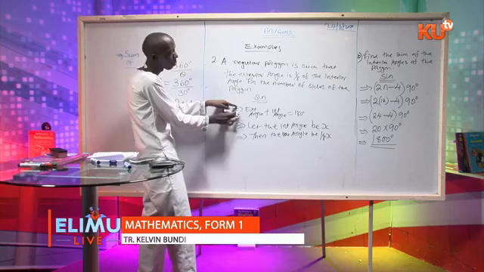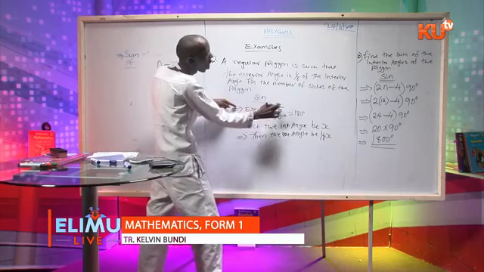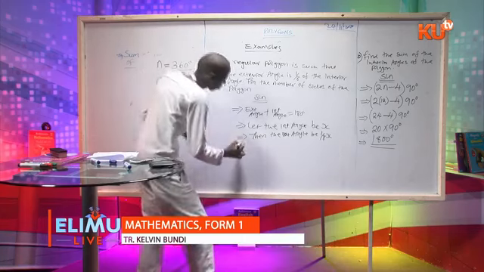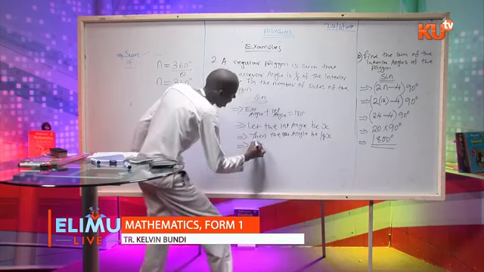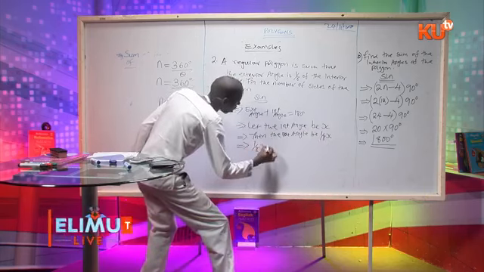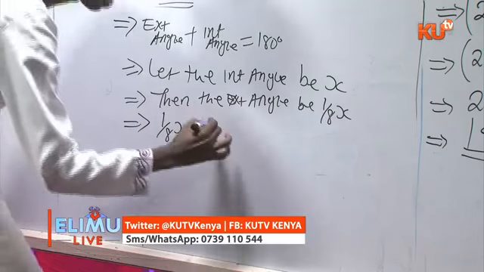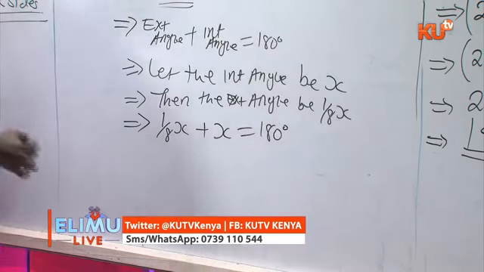Back to our formula. Exterior angle plus interior angle is equal to 180 degrees. The exterior angle is 1/8x plus the interior angle x is equal to 180 degrees.